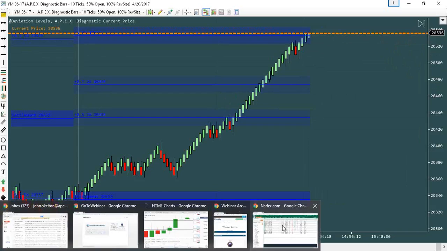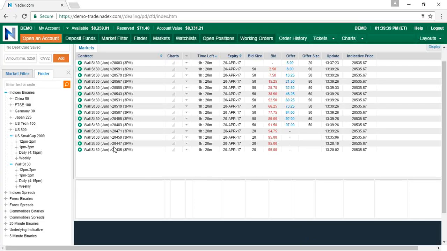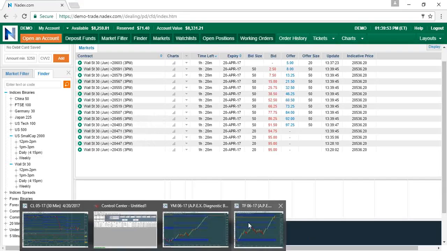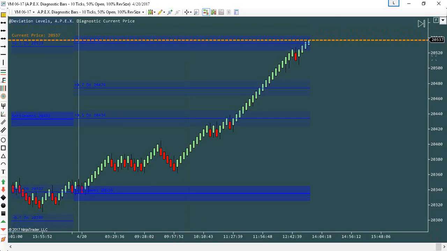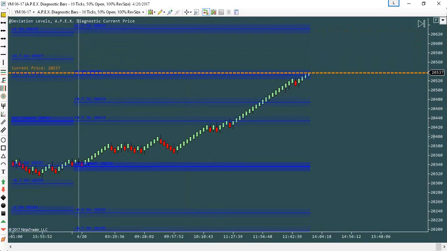So let's pull up Nadex, and where is a binary around 475? Actually, let's do this differently and just stick to the buy side, because we've been talking about that.